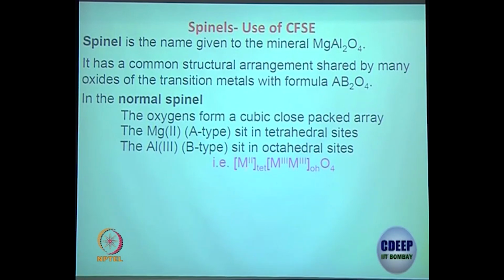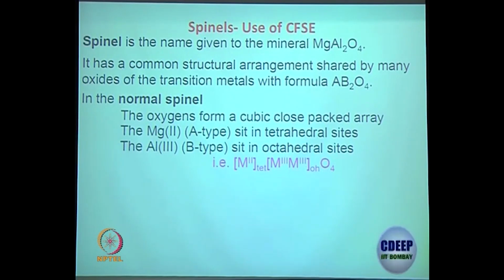Normal spinel is the one where you have this electronic configuration. It is always going to be O4. Four oxides means -8, each oxide being -2. Now -8 means you have almost one realistic possibility, 3 plus, 3 plus and 2 plus.